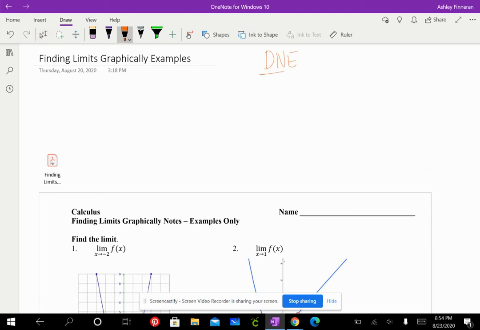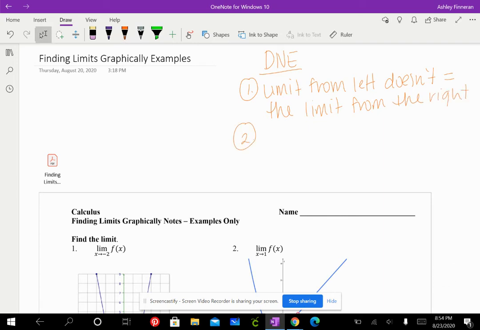A limit does not exist when the limit from the left doesn't equal the limit from the right, when there is unbounded behavior at the target value, and you should be thinking vertical asymptote would be an example of this.